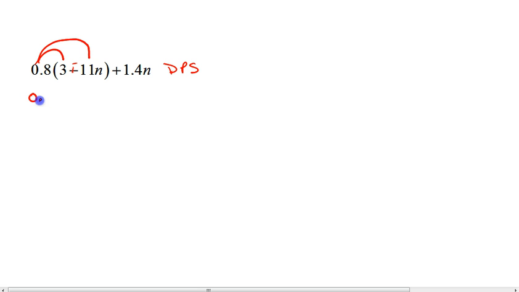So I have 0.8 times 3 plus 0.8 or 8/10 times negative 11n. Put that in parentheses so I can see it's negative, plus 1.4 or 1 4/10 n.